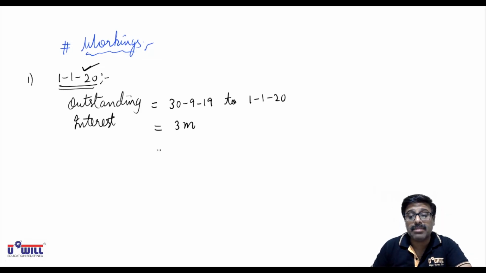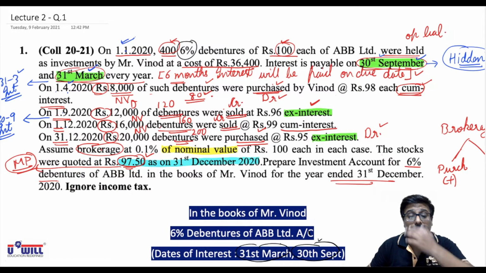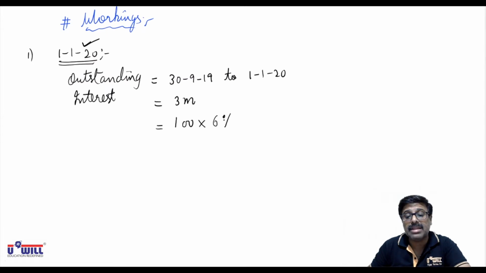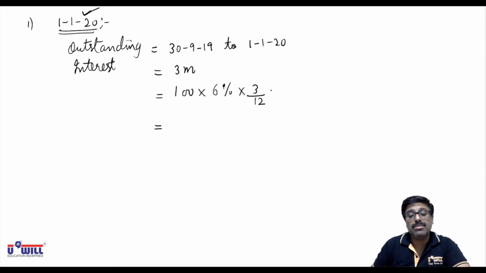How would you count that 3 months interest? 100 into, what is the rate of interest? 6%. 6% into 3 months is outstanding, so 3 by 12. 100 into 6% into 3 by 12. So that comes to 1.5. Count it everyone. Does that come to 1.5 or not?